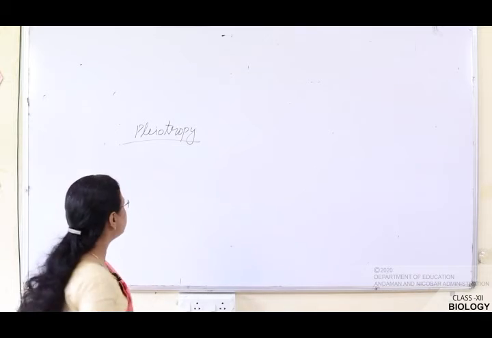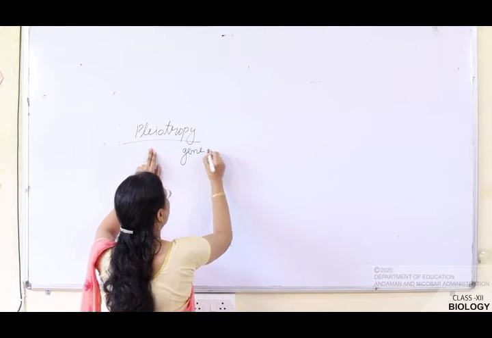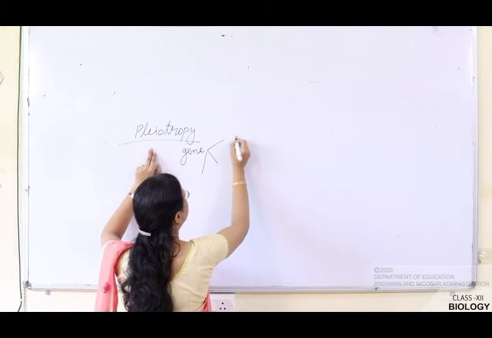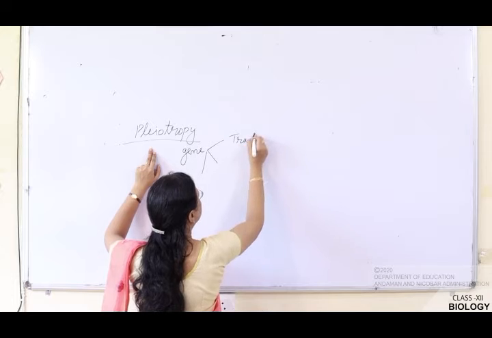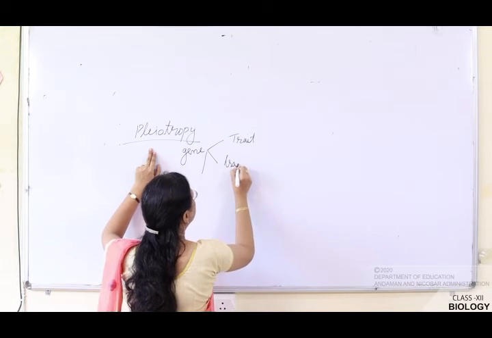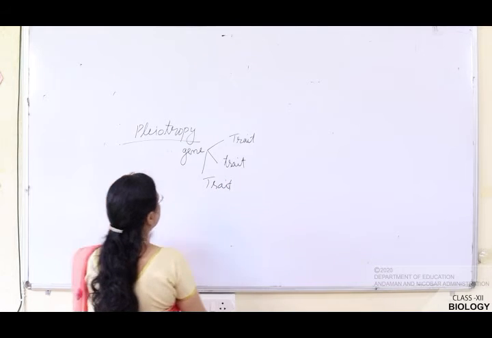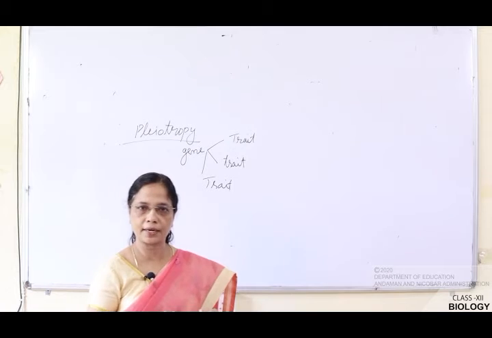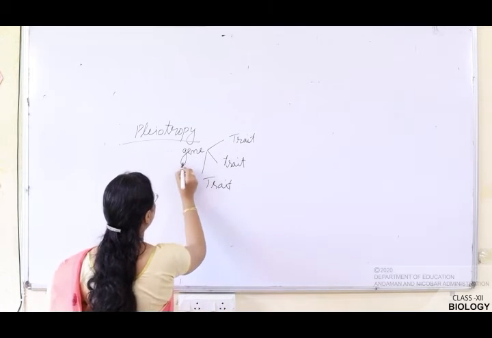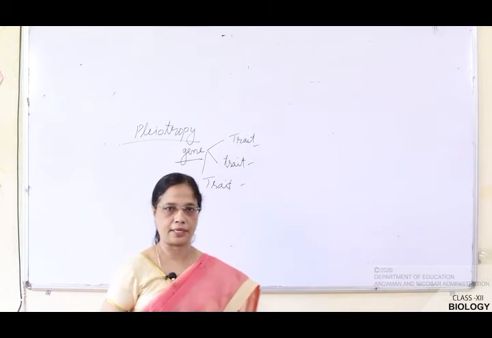In a pleiotropic gene, one gene is responsible for more than one trait. Till now we have studied one gene is responsible for one character. Here, this pleiotropy gene gives more than one trait.